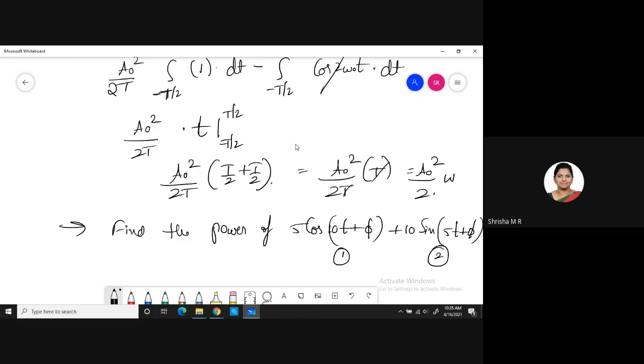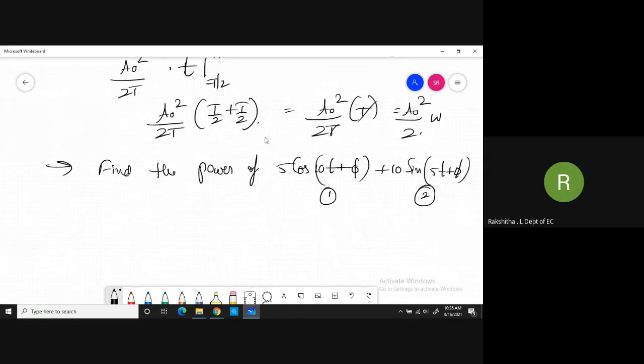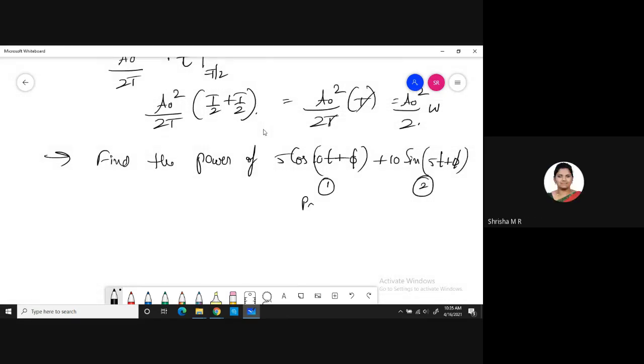So what is the power of a cosine waveform? A square by 2. So I'll take the power of this as PA, and this I'll take as PB. So PA is nothing but the cosine waveform, so it is A square by 2. What is the amplitude of this cosine waveform? 5. So 5 square by 2 is the power of the first part of the signal. Next, for sine, you have PB, which is also A square by 2.